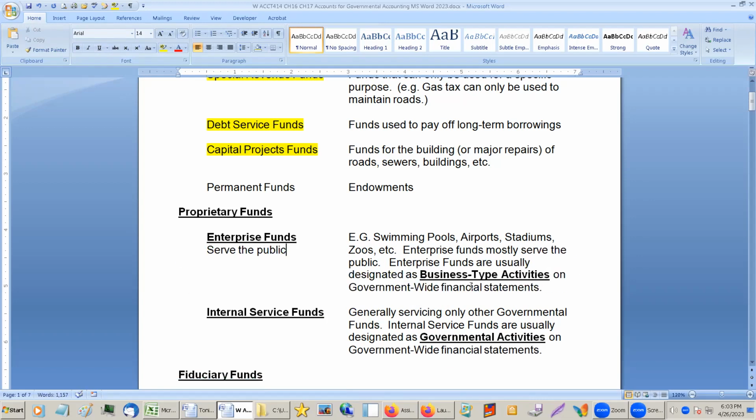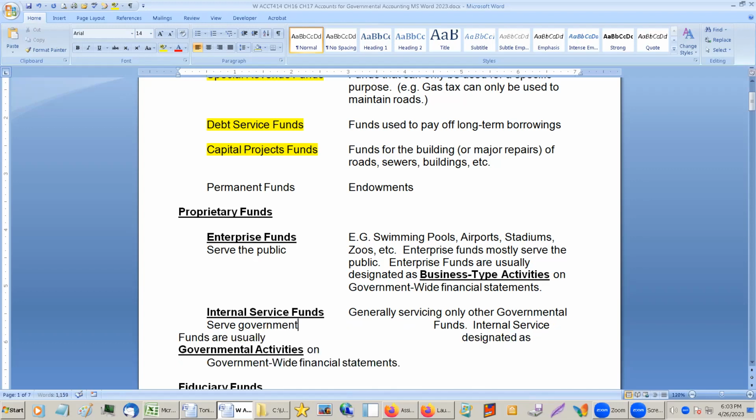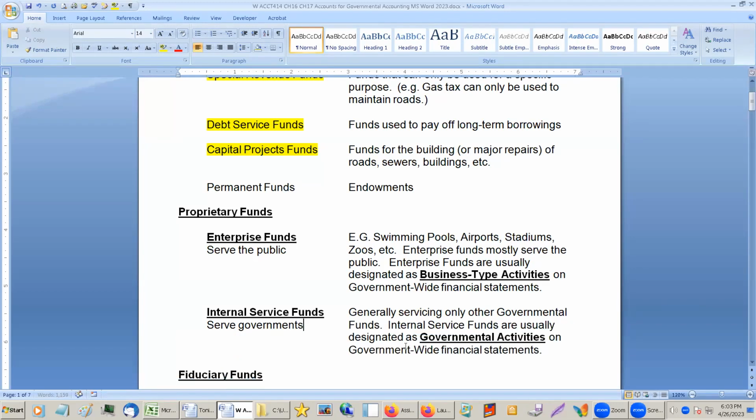Zoos, airports, all that kind of stuff. Stadiums. They serve the public. Internal service funds only serve government agencies. Okay, only.